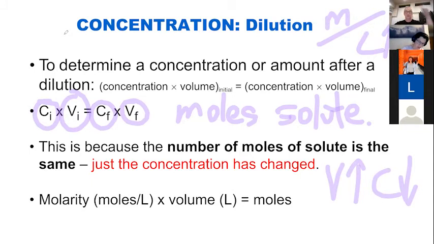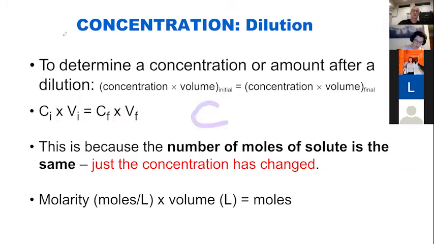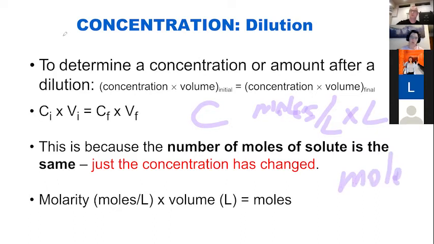And so the molarity is going to go down. So this is a pretty easy one to remember, but we're going to be using dilution a lot. So just remember that when you dilute, the moles don't change. And since concentration is moles per liter, times liters equals moles. So anytime you multiply concentration by volume, you get moles. And so if the moles don't change, that means my initial concentration times initial volume has got to equal the final concentration times the final volume. We're going to do that a lot with the gas laws as well.